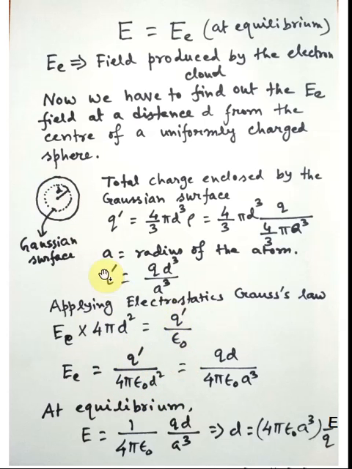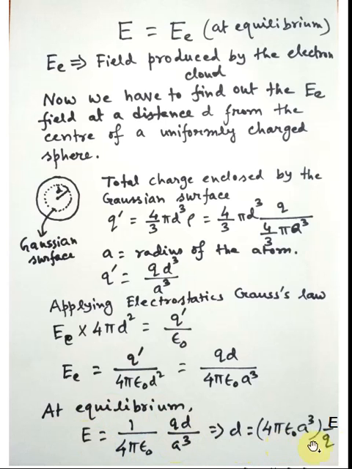If we put in the value of q prime, it becomes q d by 4 pi epsilon naught a cubed. At equilibrium, the external electric field is the same as the electric field due to the electron cloud at that point, so the external electric field value is also this.